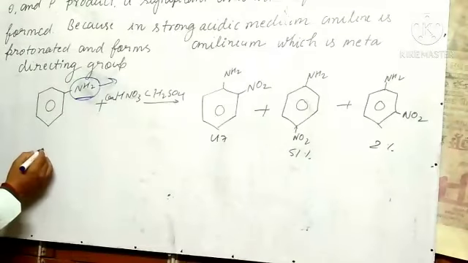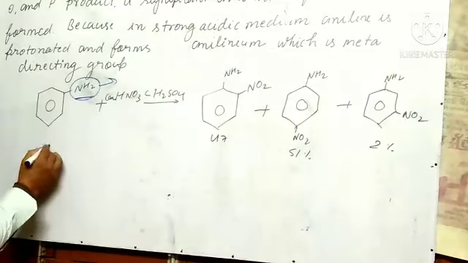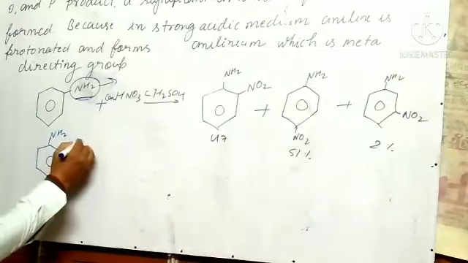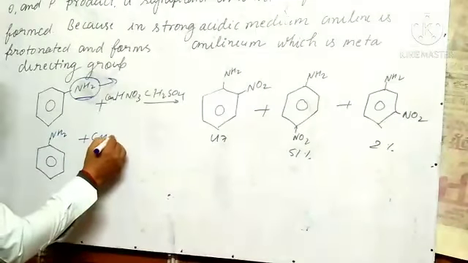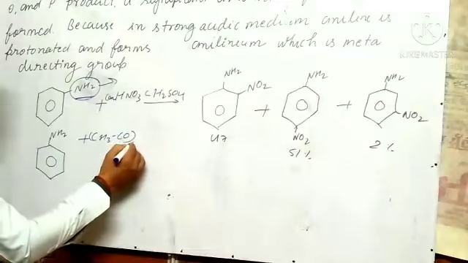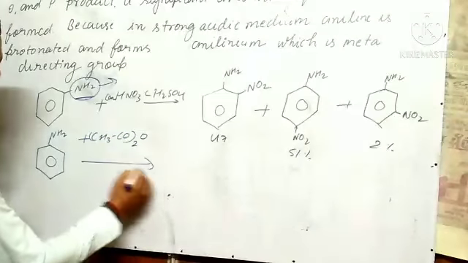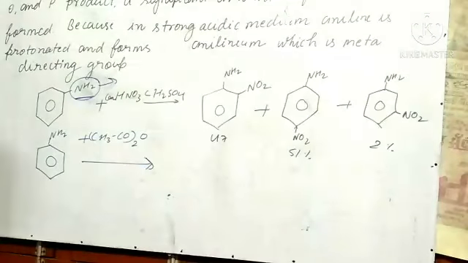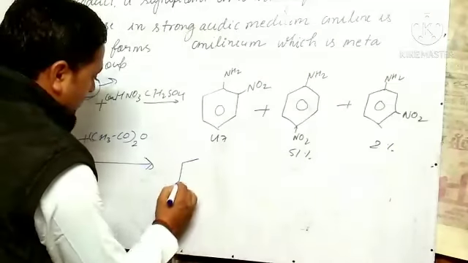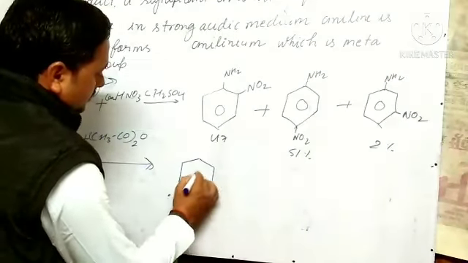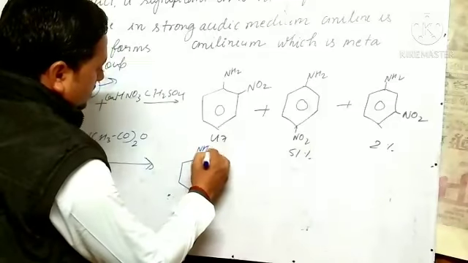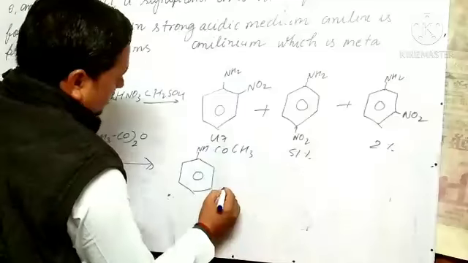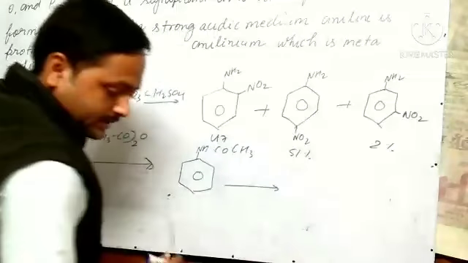So let us write what is that. Here, this is NH2, and we will protect this by acetic anhydride. Okay, and we will get the product like this, NHCOCH3, and then nitration.